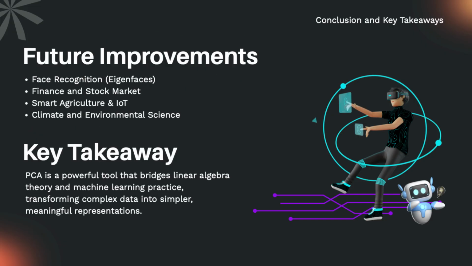For future improvements, we have two main avenues we plan to explore, focusing on enhanced performance and wider applicability. First, to address the linear limitation, we will try nonlinear dimensionality reduction techniques like kernel PCA or t-SNE to handle datasets with nonlinear structure.